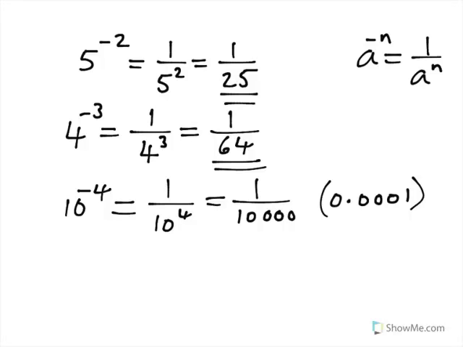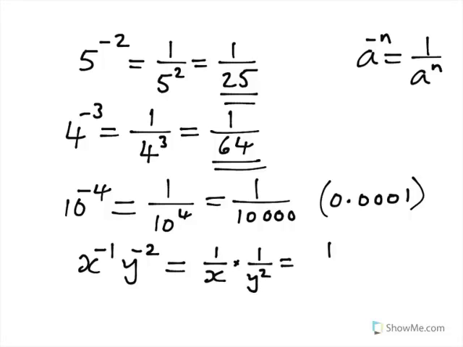What about simplifying, writing them without negative powers? So something like x to the negative 1, y to the negative 2. What would it look like? Well, the x to the negative 1 is 1 over x multiplied by 1 over y squared.